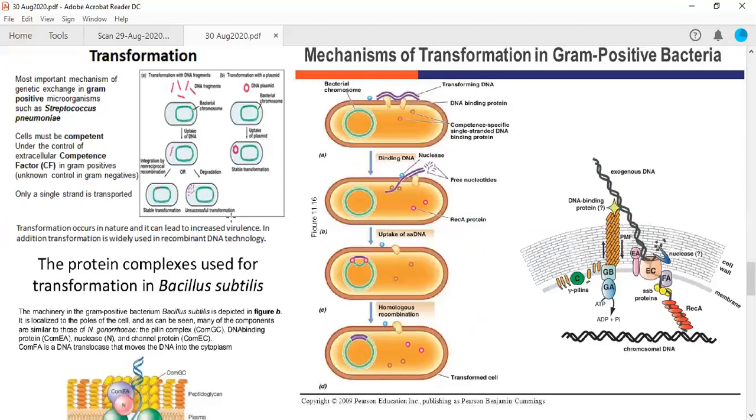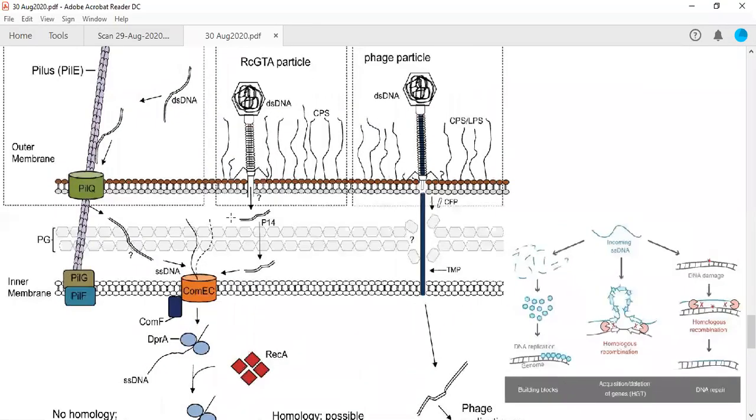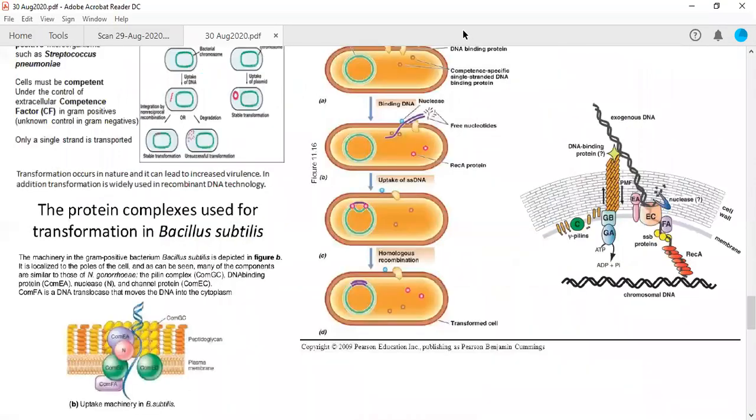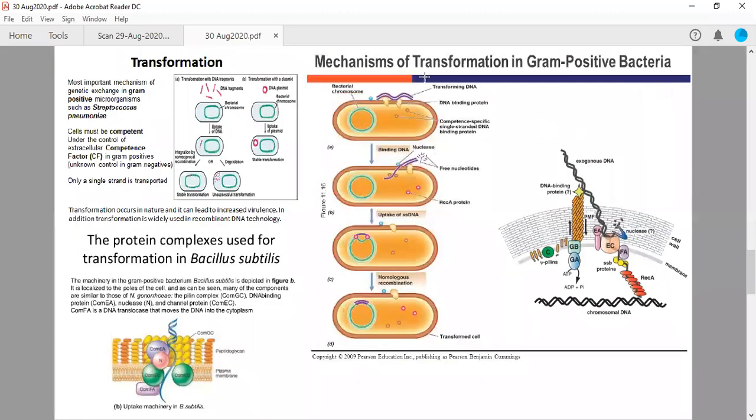Now, there is one more diagram. Look at this, the mechanism of transformation in gram-positive bacteria. You will see that there are some competence factors or proteins which are helping in the uptake of this double-stranded DNA, and there are some nucleases or exonucleases which are degrading one strand into free nucleotides, hydrolyzing this double-stranded DNA into a single strand, which then goes inside the cytosol.